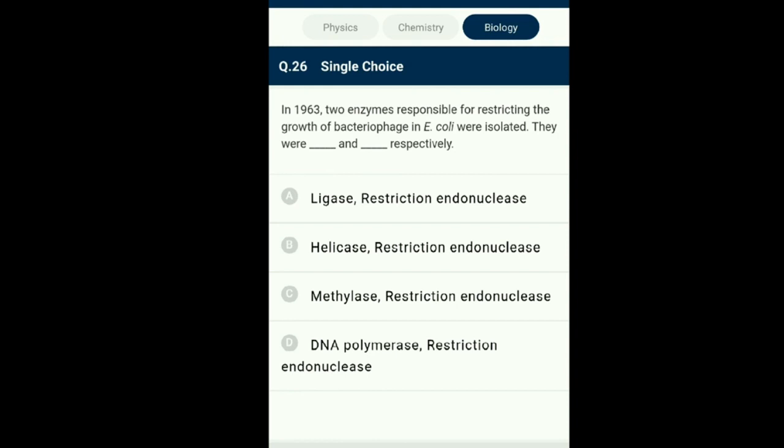One of the enzymes was methylase, which added methyl groups to the adenine base of the DNA, thereby restricting or inhibiting the growth of bacteriophage. A restriction endonuclease is an enzyme that cuts the DNA at specific sites, eliminating the foreign DNA of infecting organisms. These two groups of restriction enzymes were isolated from E. coli. So the answer is option C, methylase and restriction endonuclease.